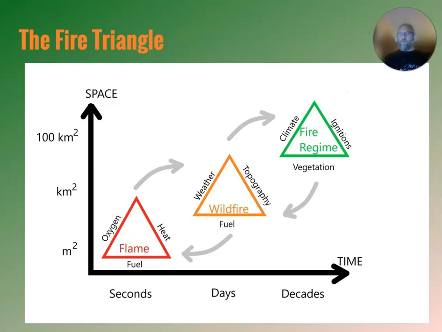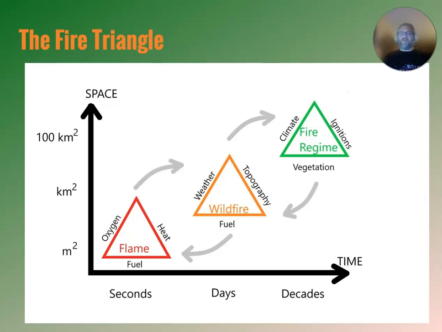We're looking at how well those fuels are connected to each other. So the fire is burning in one tree, can it make it to the next tree and catch that one on fire? We're looking at the characteristics of that fuel in terms of things like, is it wet, is it dry? So fuel becomes one of our legs of the wildfire fire triangle.